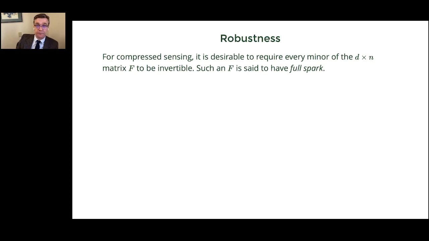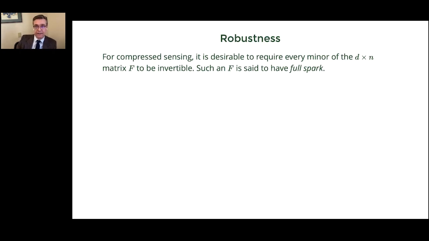For applications like compressed sensing, it's very desirable, and you can just aesthetically imagine that this is desirable. As you say, okay, I have this D by N matrix. It's say equal norm Parseval, or I've specified the spectrum of FF star to be something else, and I specified the norms to be something else. But in any case, I have a D by N matrix. It would be nice if the columns were spread out, in the sense that no subset should be more linearly dependent than it has to be.